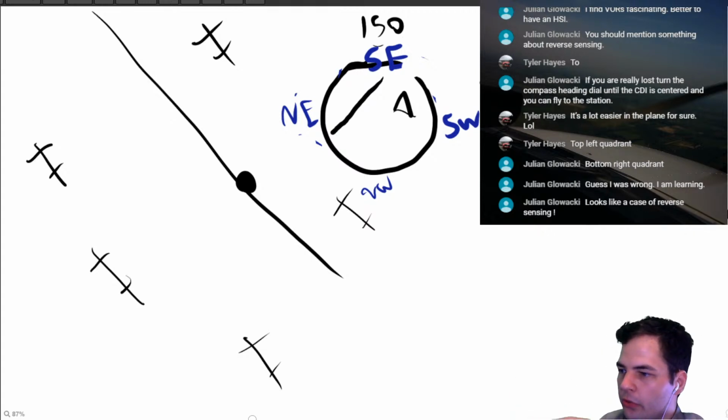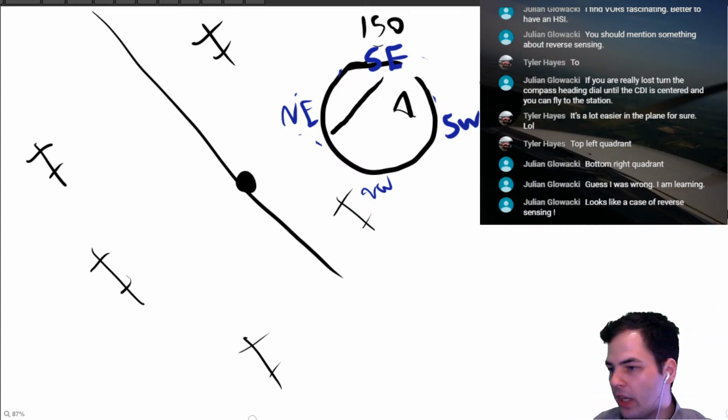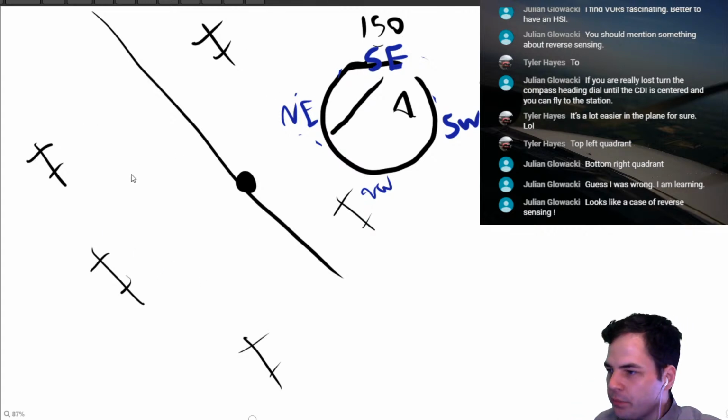The needle just knows the setting that you have, the 150 in this case, and it knows the aircraft's position. And so the possibility of pointing the airplane the wrong heading is very easy. On a test question like this, if all your airplanes were scattered around, pointed the wrong way, it's so easy to get mixed up there.